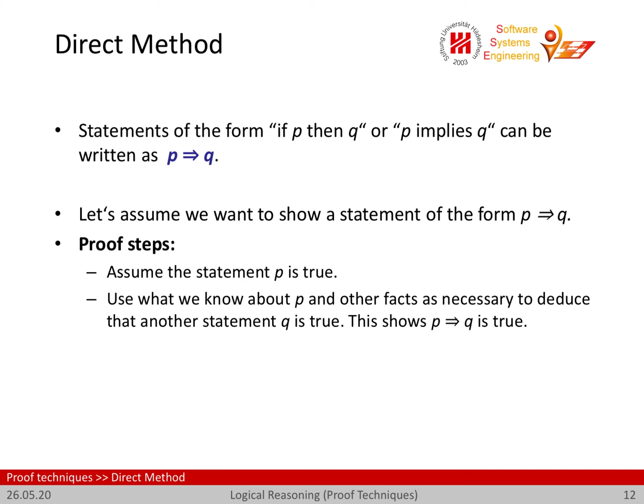So we use these other facts as well, and then we deduce that a statement Q is true. And with that, we basically did show if we assume P is true, then Q is true, and hence we have shown P implies Q.